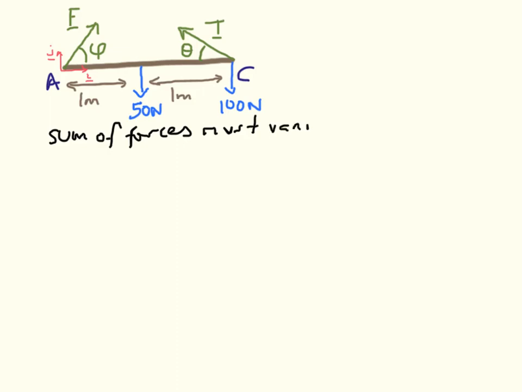Writing this in terms of components of vectors, in the i direction we have part of this force and part of this force. So we get i times F, the magnitude of this force, times the cosine of the angle phi, minus T, the tension in the light cable, multiplied by the cosine of the angle theta.